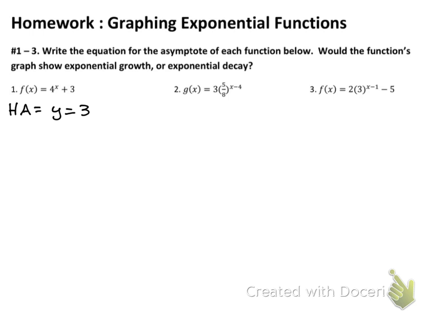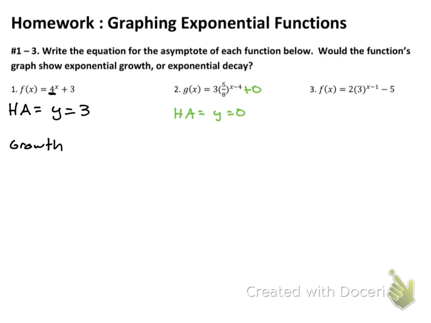And then would this be growth or decay? Growth. Good. 2. What would that horizontal asymptote be? 0. Thank you. All right, y equals 0.